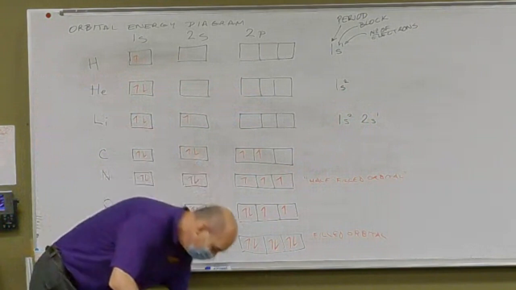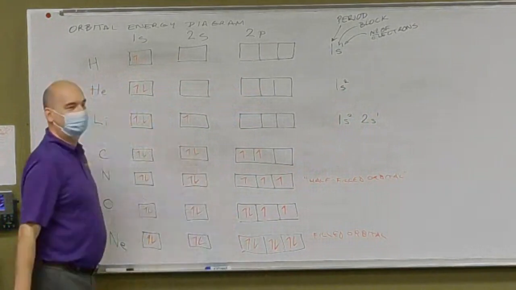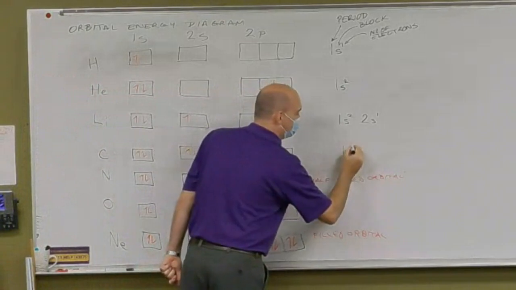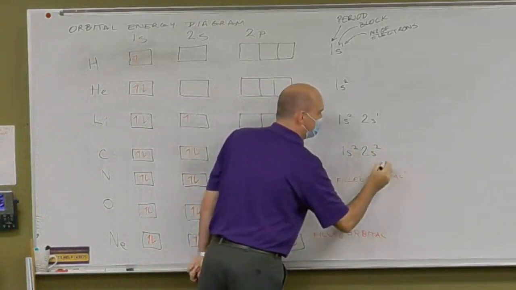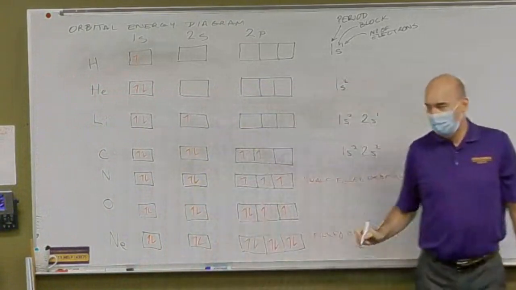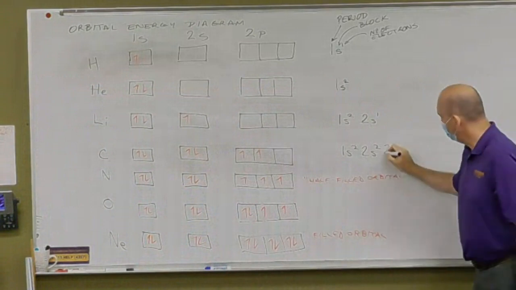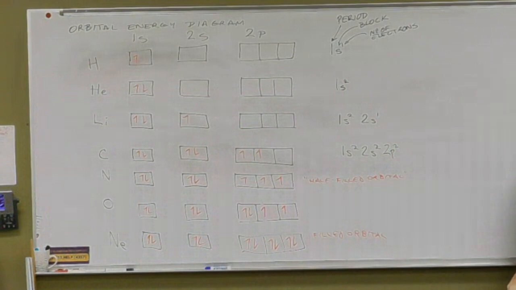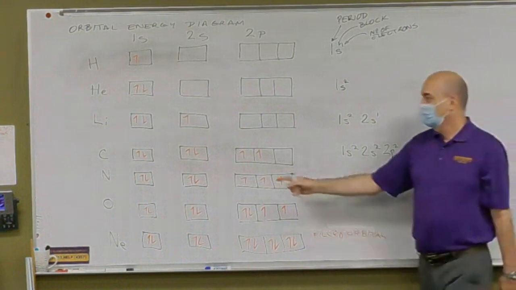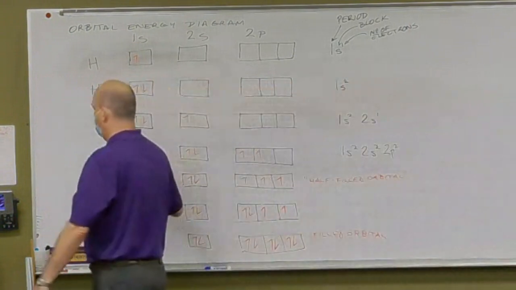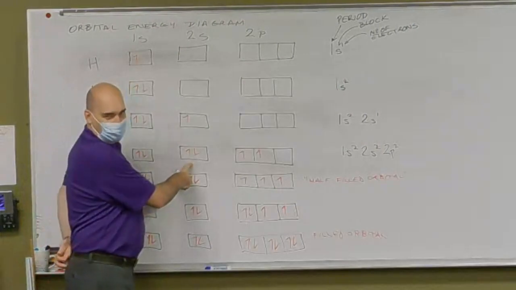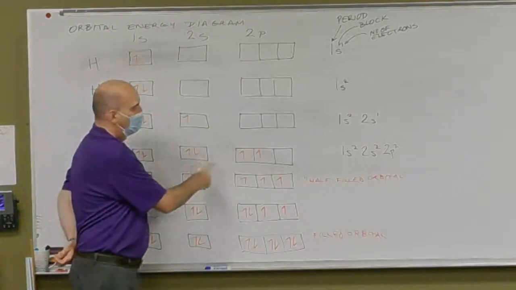What would carbon be? 1s2, 2s2, 2p2. I have 2 electrons in the 1s orbital, 1s2. I have 2 electrons in the 2s orbital, 2s2.